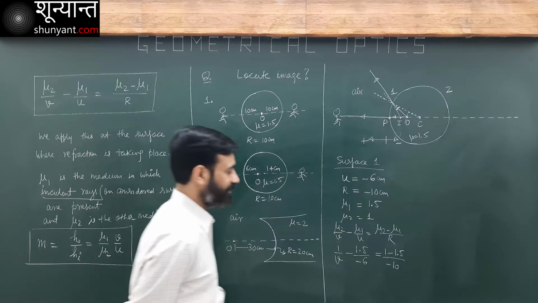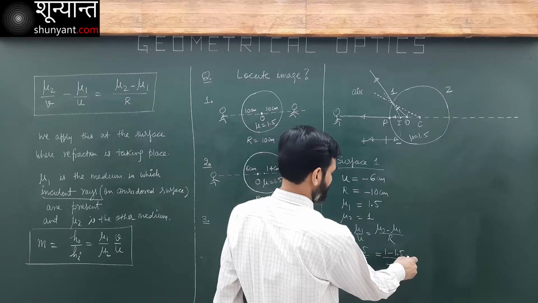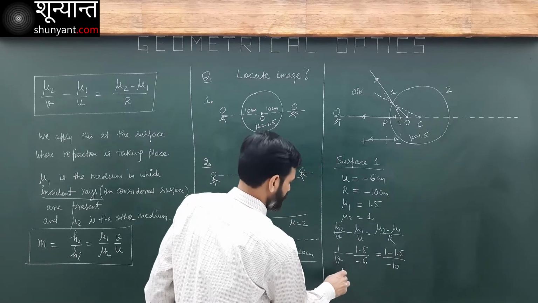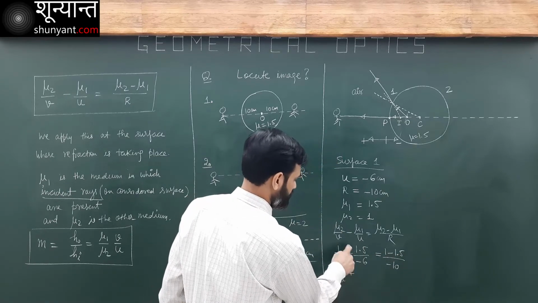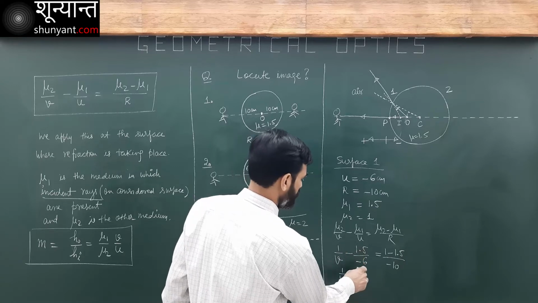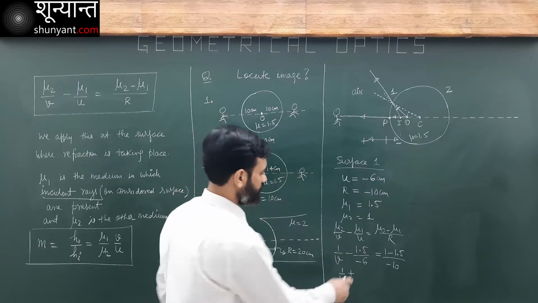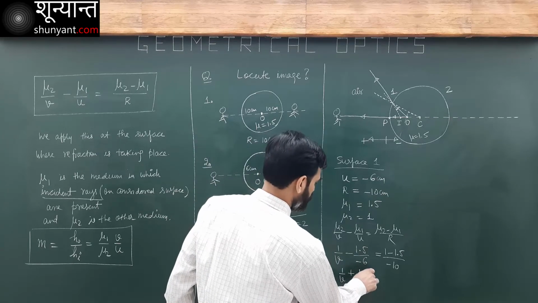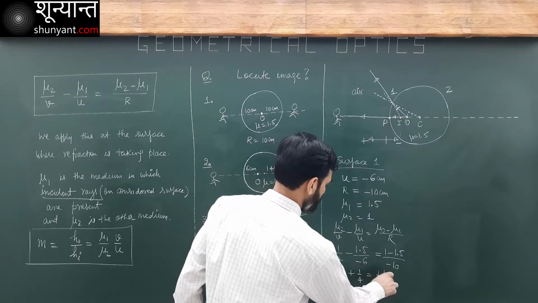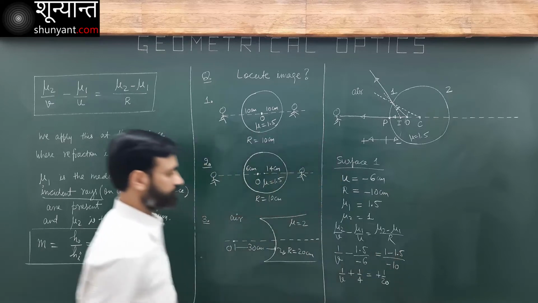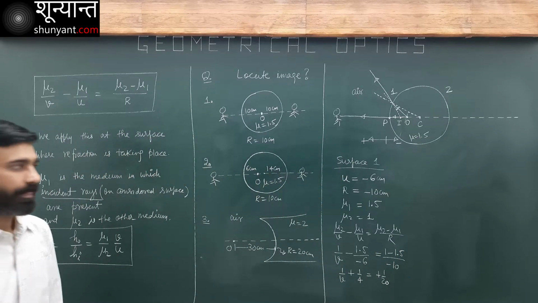That's how we write it and use the sign convention. So I have 1 over v plus 3 over 12, which is 1 over 4, plus 1 over 4 equal to plus 1 over 20.